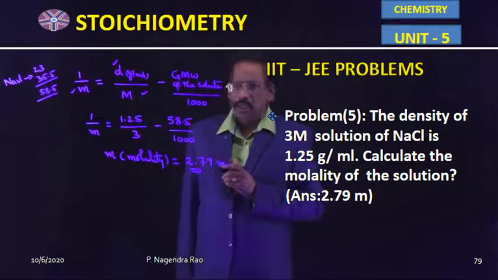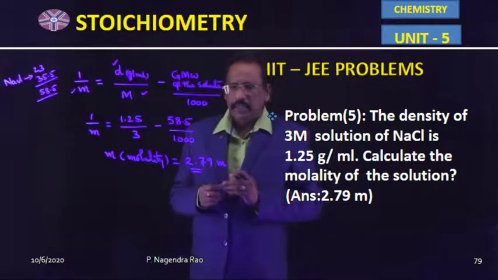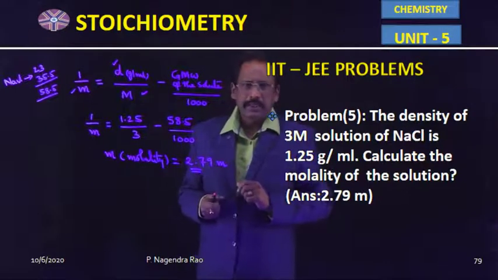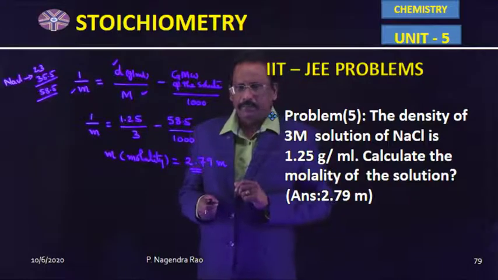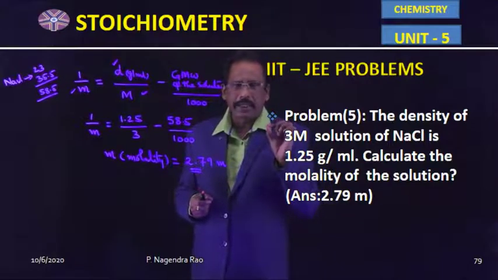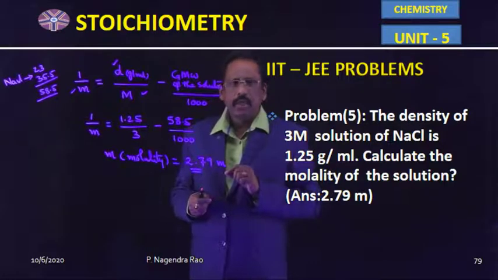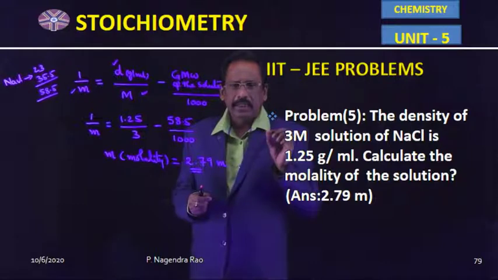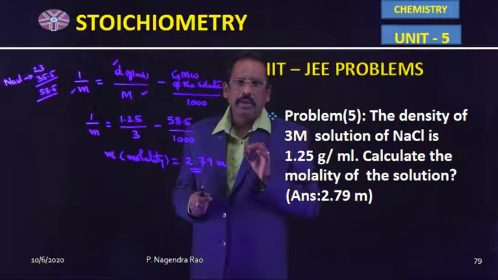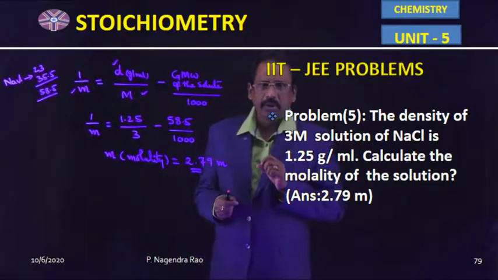So the molality of the sodium chloride solution is equal to 2.79 small m. Capital M indicates molarity, small m indicates molality. Molality is defined as the number of gram moles of the solute present in 1 kilogram weight of the solvent.